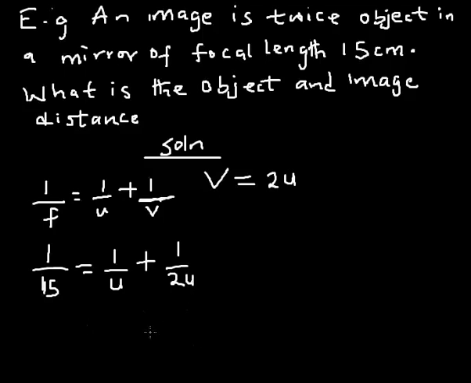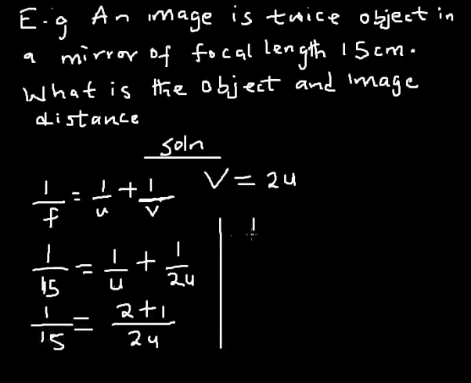So we can go by LCM. The LCM here is 2u. 2u divided by u gives 2, times 1 is 2. Then plus 2u divided by 2u, that is 1, times 1 is 1. So 1 all over 15 is equal to 3 divided by 2u.